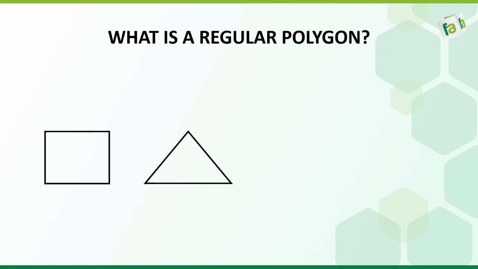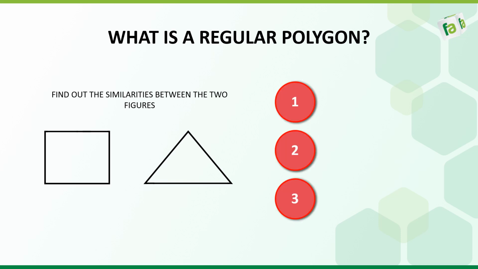Observe the two pictures carefully and try to find out the similarities between the two figures. Yes, you got it right. In both images, we have three similarities. First, they both are closed figures.